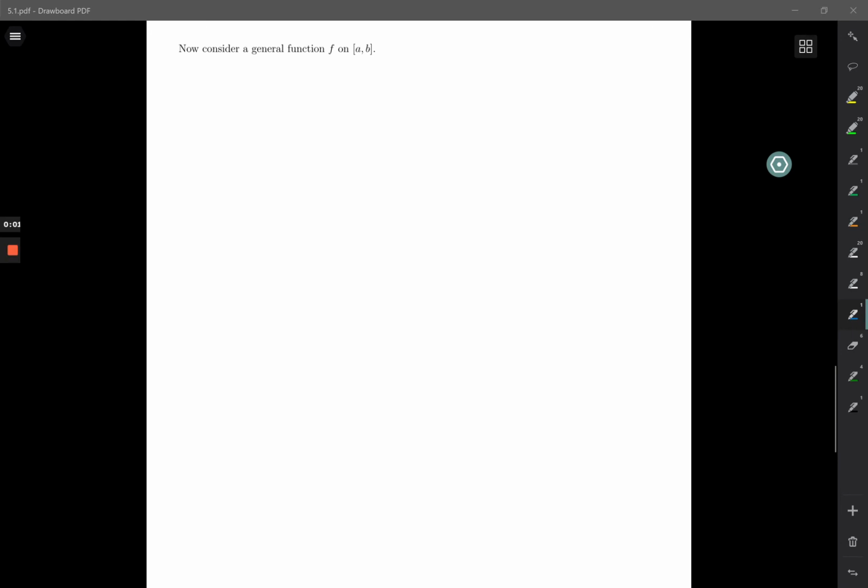Okay, so the idea here is that we want to be able to write down an approximation of the area under a curve for a general function, right? So suppose we have just a function that is defined on an interval a to b, and we want to approximate the area under f.